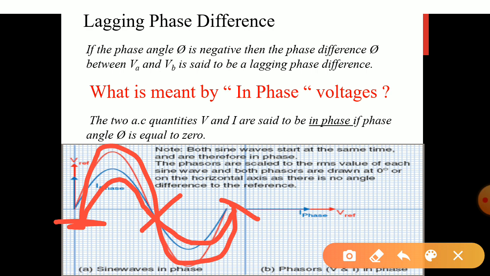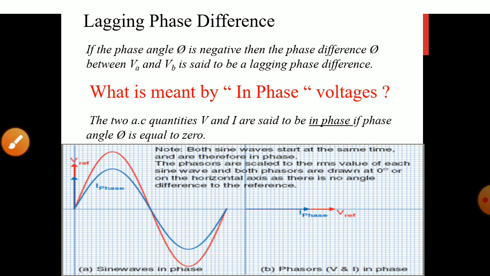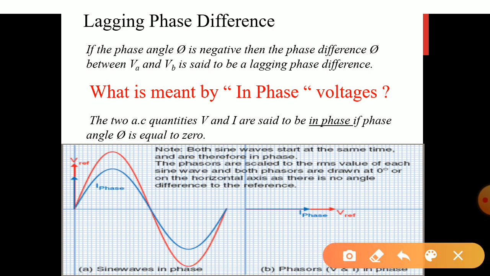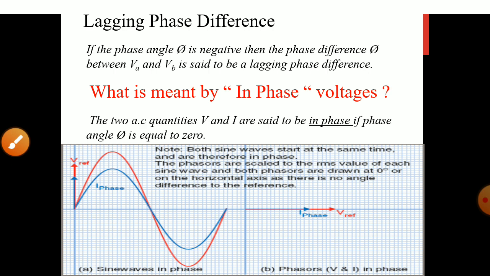So this was in sinusoidal form. Now to draw in phasor form, the voltage value was greater, and in blue we have the current value. First we draw the voltage as the reference voltage VR. So this red part is V reference. Next the blue line will be for current, so the current value, this much, we are drawing from here.